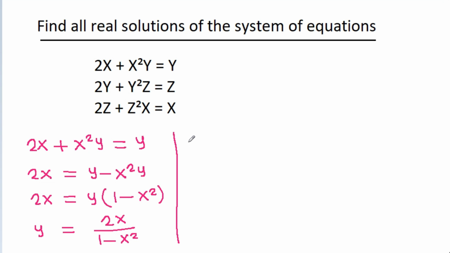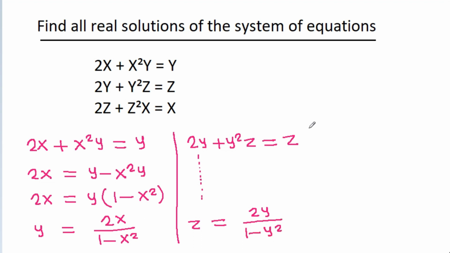And we have 2y plus y square z is equal to z. So by the same way, z will be equal to 2y by 1 minus y square, and we have 2z plus z square x is equal to x.